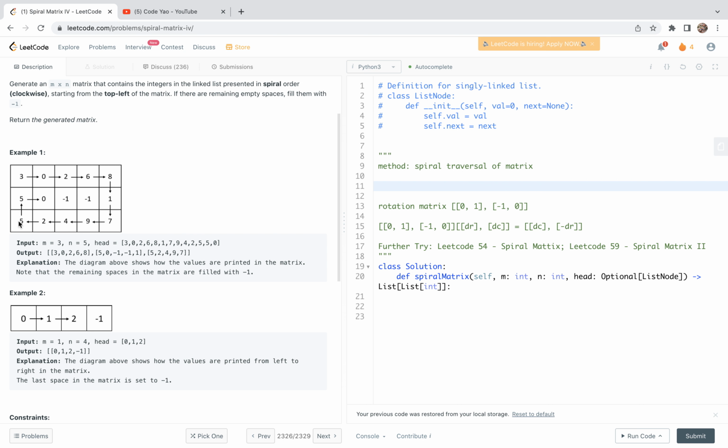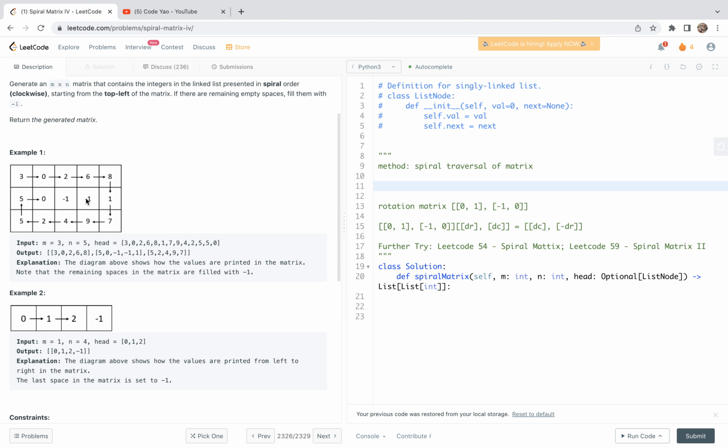Then we move upwards vertically to 5, and then from 5 we change direction to horizontal traversal and continue the procedure. And the remaining -1s are places that are not filled with elements of the list, because the linked list is exhausted.